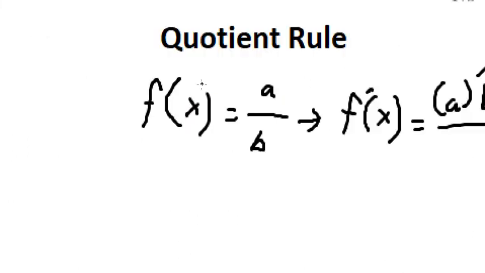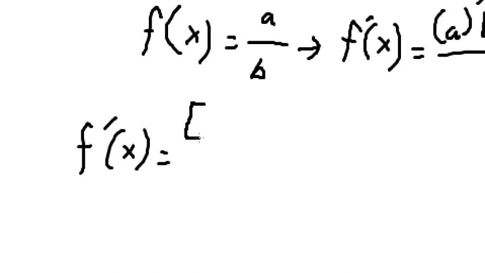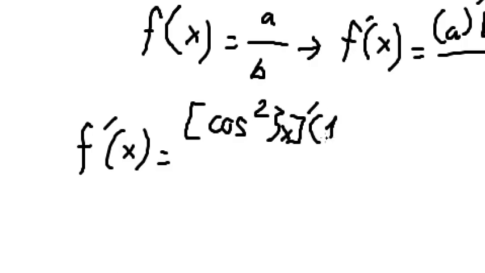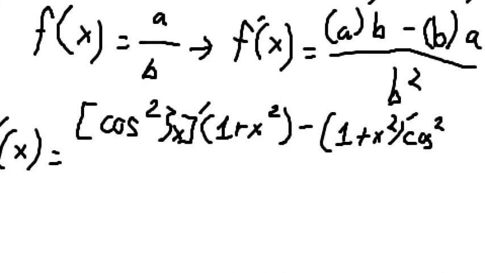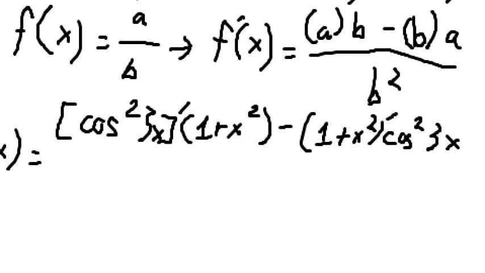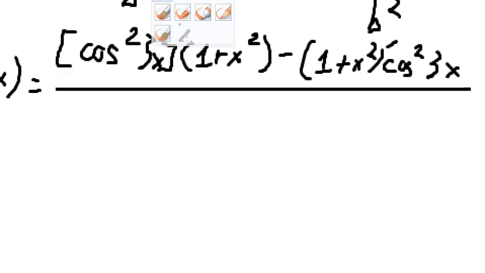So in this situation, we have first derivative of cosine 3s squared multiplied by 1 plus s squared minus, we do first the derivative of 1 plus s squared multiplied by cosine 3s squared over 1 plus s squared everything to the power of 2.